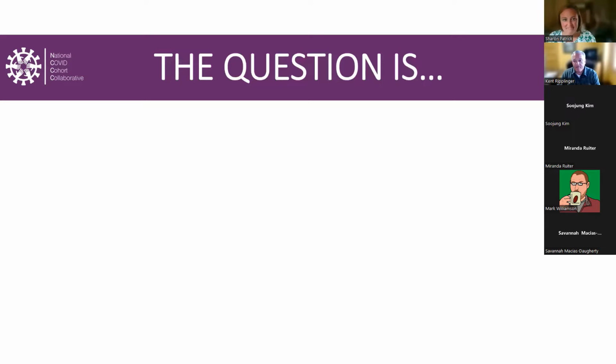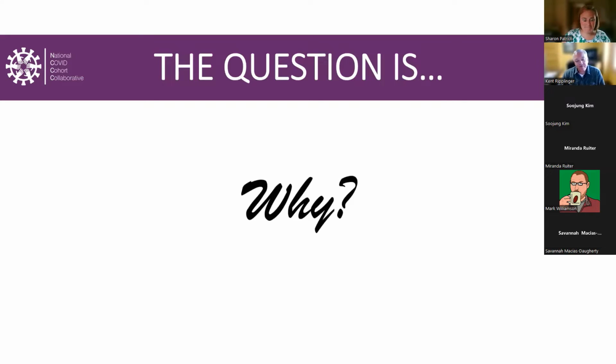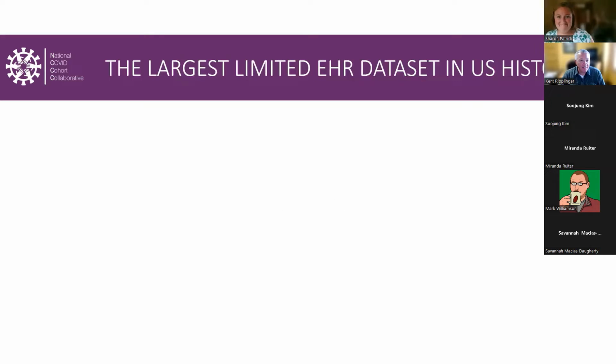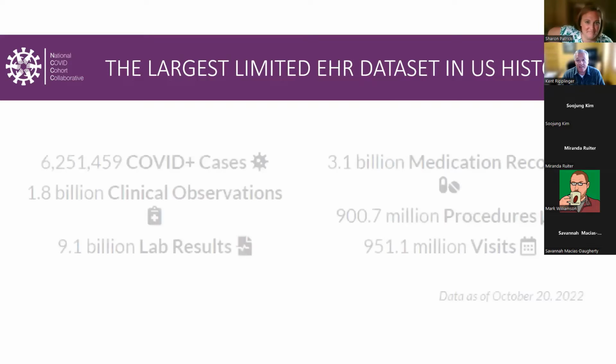So the question we always seem to come up with is why should investigators use the N3C to answer their research questions? So I think we'll go through some of our rationale anyway. One of them is it is the largest limited electronic health record data set in the history of the United States.